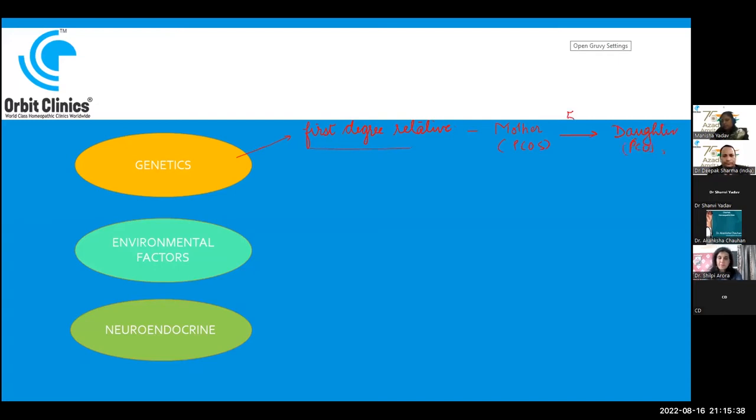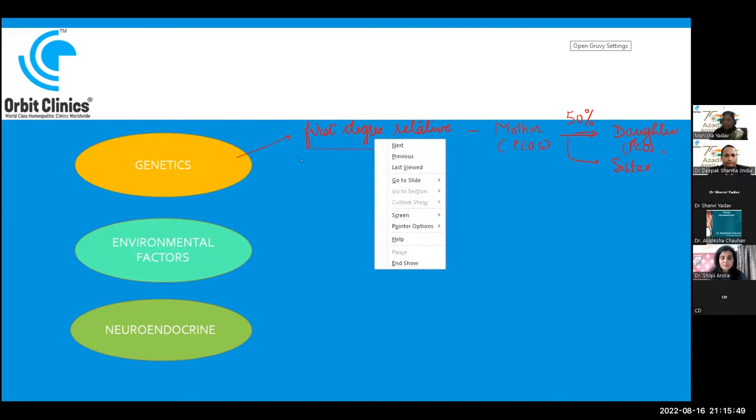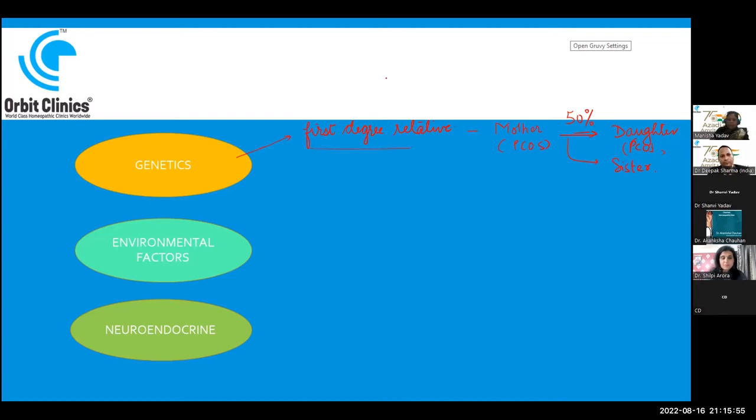There is a 50% increased risk of having PCOS in her daughter or in her sister, which is a very close relative. Siblings might give a history of PCOS, they may have a family history. So you can say heritability is present in this disease.